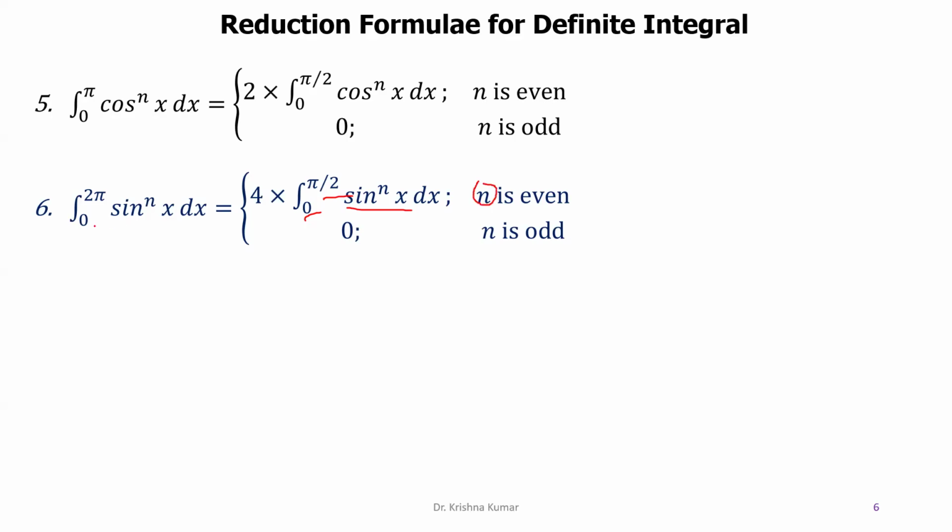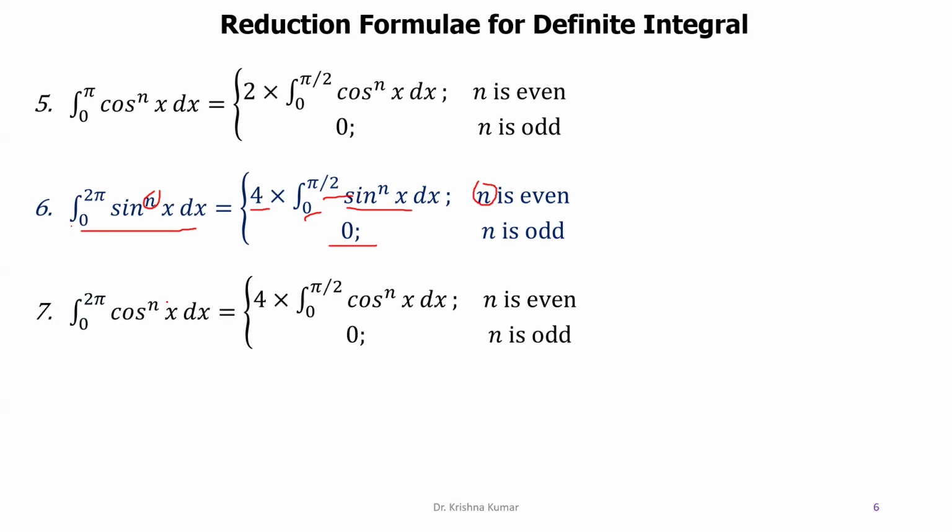But if n is odd, then its value is 0. Suppose n is given as 5, then ultimately its value will be 0. If it is 4, then this will be 4 times the integration from 0 to pi by 2 of sine to the power 4x with respect to x.